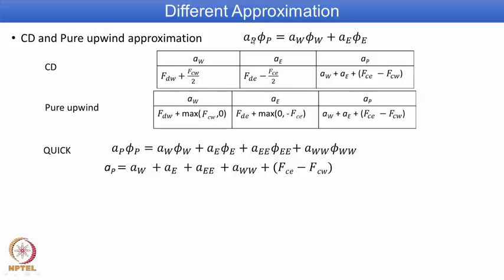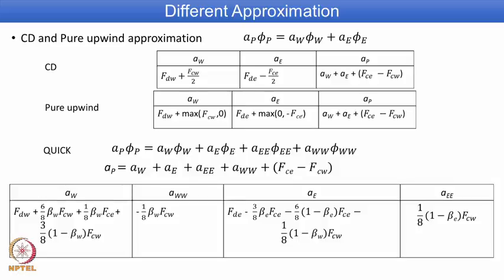So, when you compare with CD or pure upwinding, the QUICK scheme has additional information from one additional node, and that node depends on the direction, and that is put in the generic expression as shown here. And AP, as we did in the other two schemes, is once again related to the neighboring nodes: AE, AW, AEE as well as the additional term AWW.